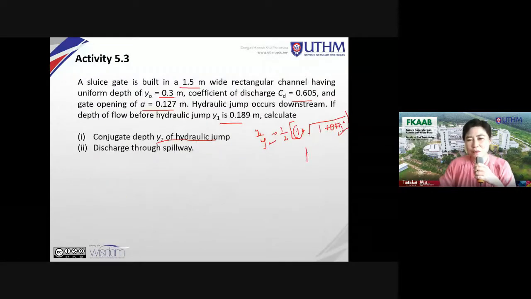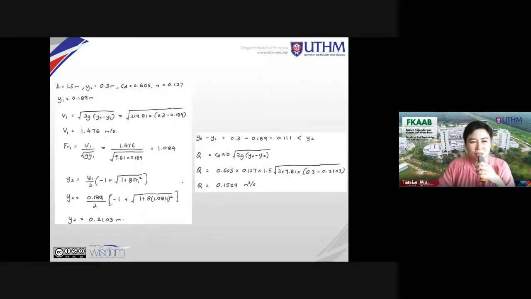So your Froude number is v1 over the square root of g y1. Therefore, you calculate v1 using that expression.